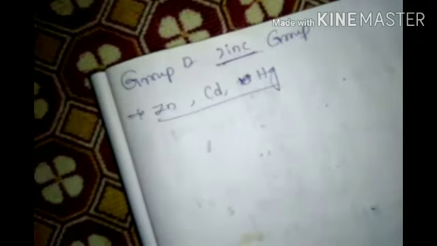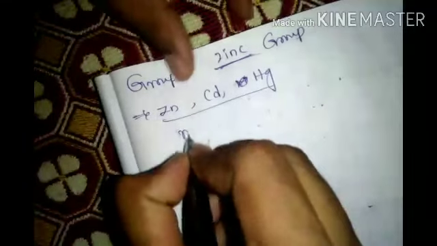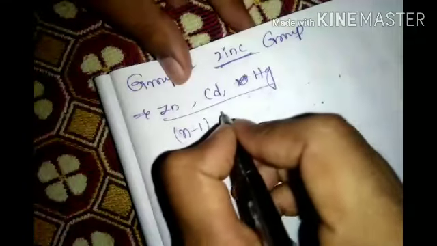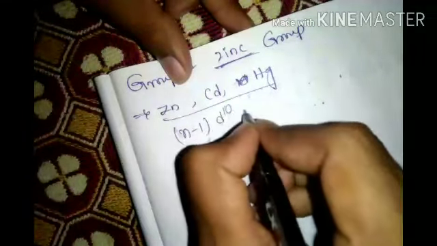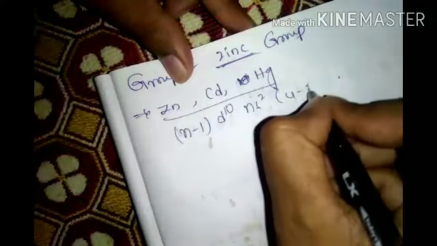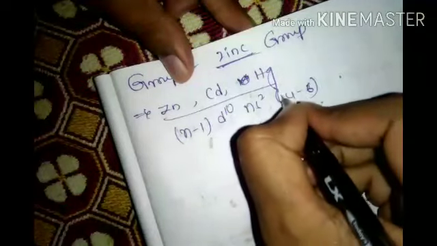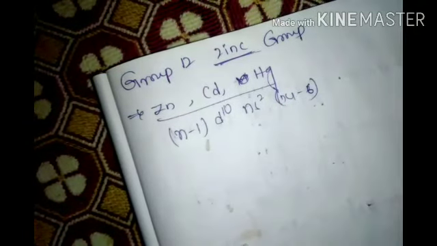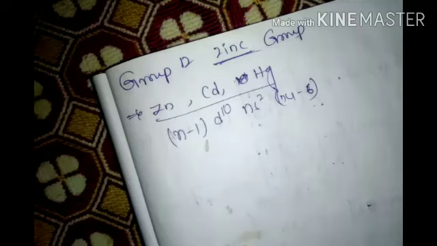These are the 3 members. (n-1)d10 ns2. Okay, the fully filled electronic configuration is the zinc family. Fully filled.